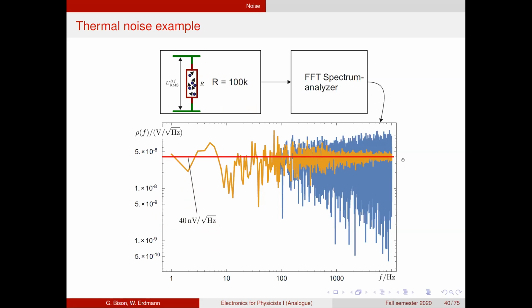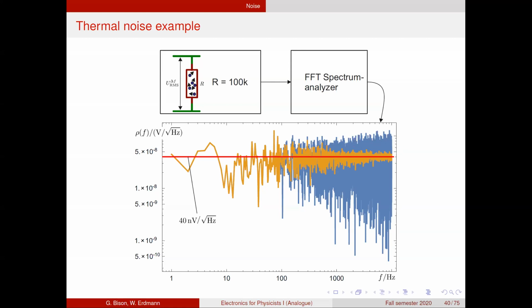Now, if you calculate the spectrum, since this is a random process, you will see frequency components that have a bit more than that and frequency components which have a bit less than that. And the typical way such a frequency spectrum looks, if you plot it with logarithmic axis, which is the standard way to do that, is this blue signal that seems to get larger to larger frequencies.